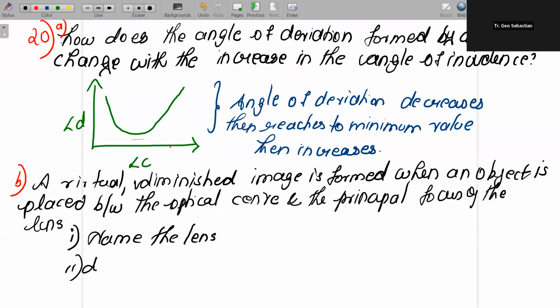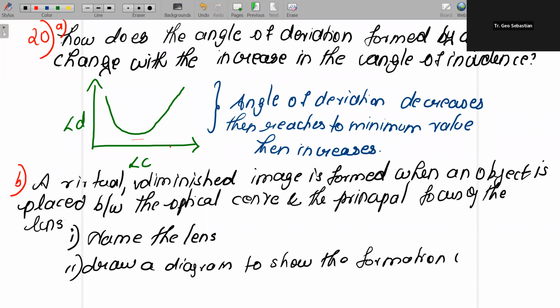Draw a diagram to show the formation of the above image. Children, listen carefully.